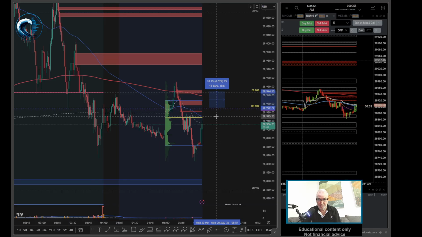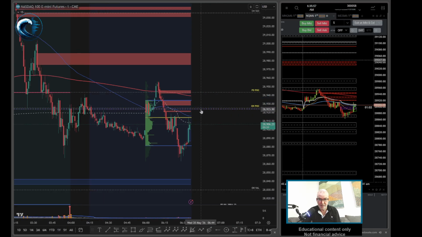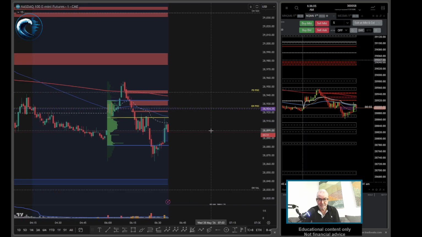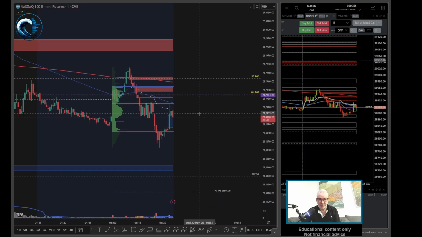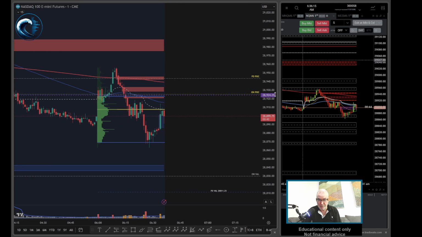So I think I'll probably look at initially a trade along. I don't know, I think it's going to probably play funny buggers here. So possibly just react straight off that. The purple line you can see just underneath, I note the previous day close.